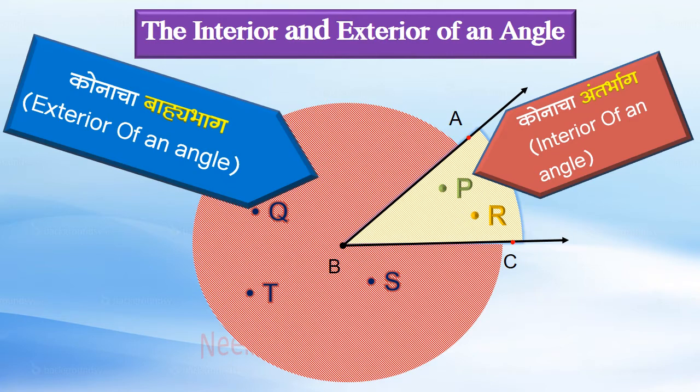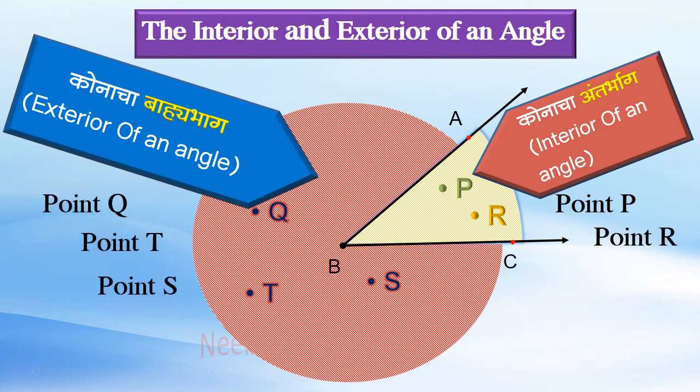Now dear students, see, point P and point R are in the interior of an angle, whereas point Q, point T and point S lie in the exterior of an angle. तर कोनाच्या अंतर्भागातील बिंदू पॉइंट P आणि पॉइंट R आणि बिंदू Q, बिंदू T आणि बिंदू S हे कोनाच्या बाह्य भागातील बिंदू आहेत. Okay?